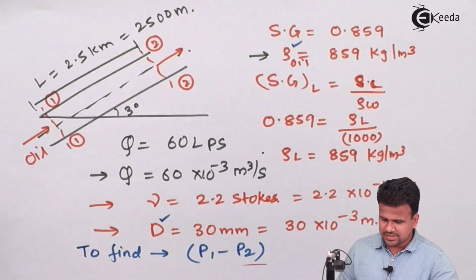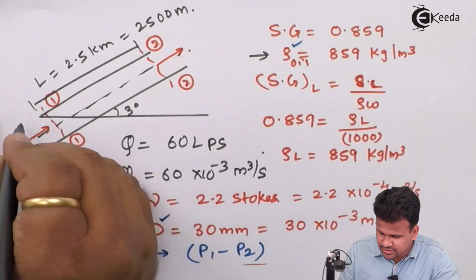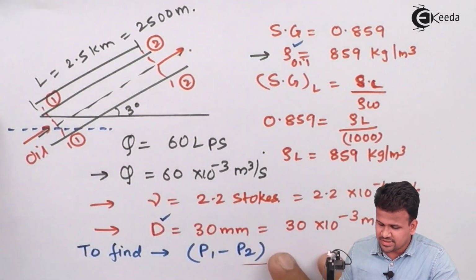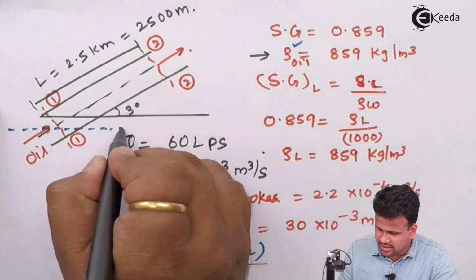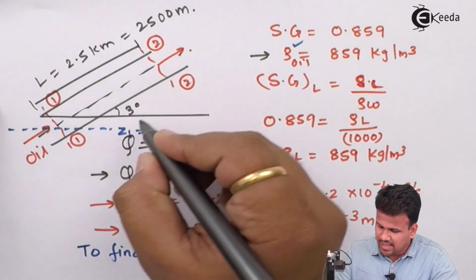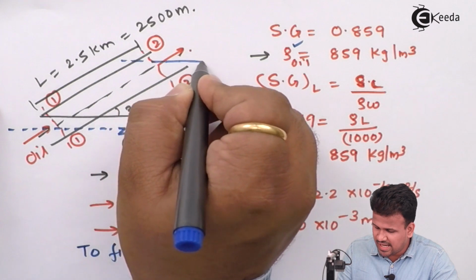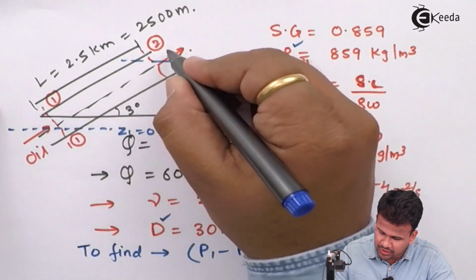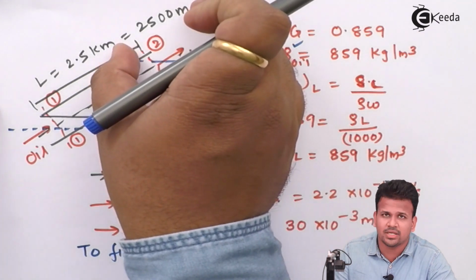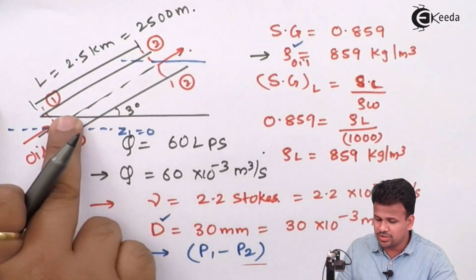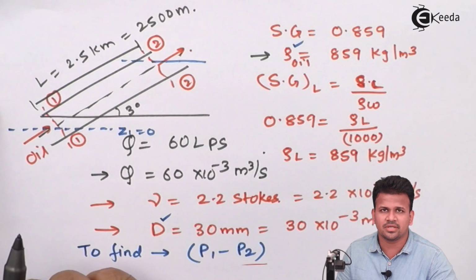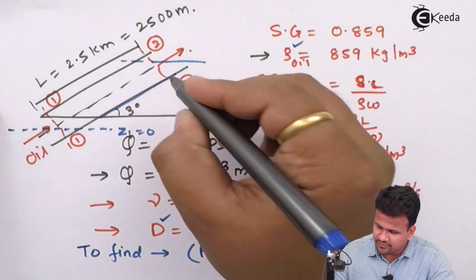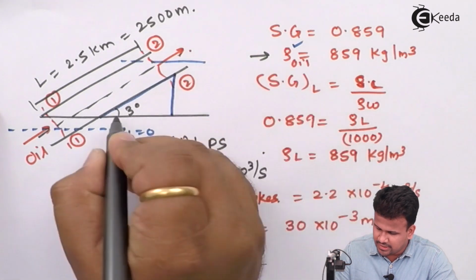So what we'll consider is that section 1 is the reference line, hence Z1 is equal to 0, and section 2 is at some height above section 1 whose hypotenuse becomes 2500 and the angle with the horizontal becomes 3 degrees. What we need is the vertical length.